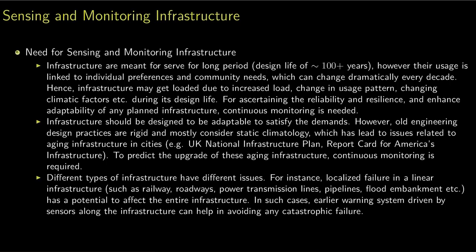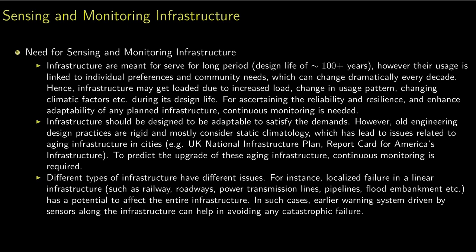Hence, infrastructure may get loaded due to increased load, change in usage pattern, changing climatic factors during its design life. For ascertaining the reliability and resilience and enhancing adaptability of any planned infrastructure, continuous monitoring is needed.